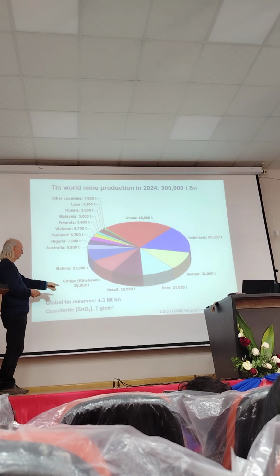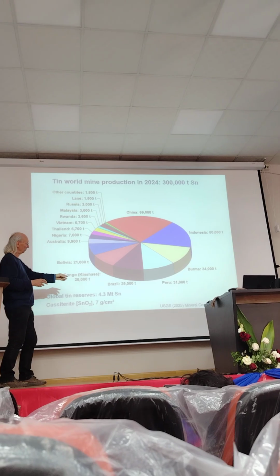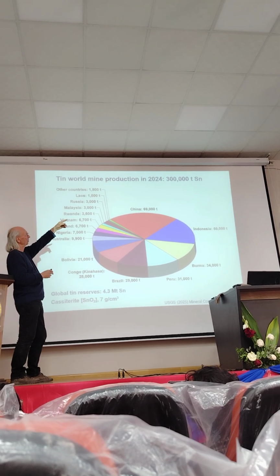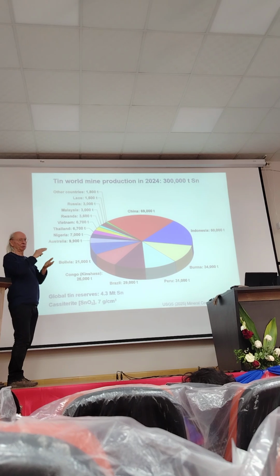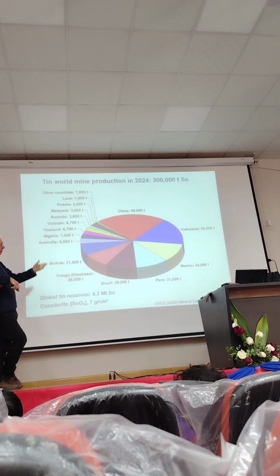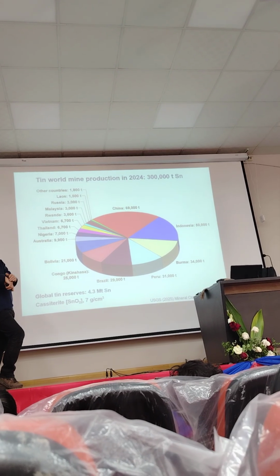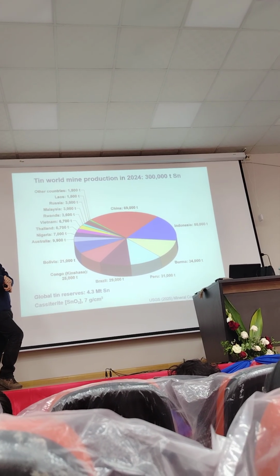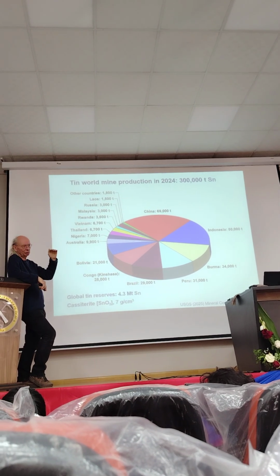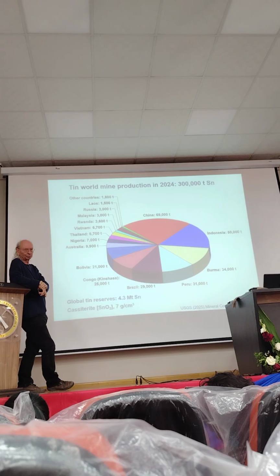And actually the currently defined reserves are about 4 million tons compared to 300,000 tons yearly production, which means not a big reserve base. This corresponds to just 10 or 12 years. But on the other hand, people can do exploration if they wish. If you don't do exploration, of course, then you use the reserves, and then someday there is nothing more left.